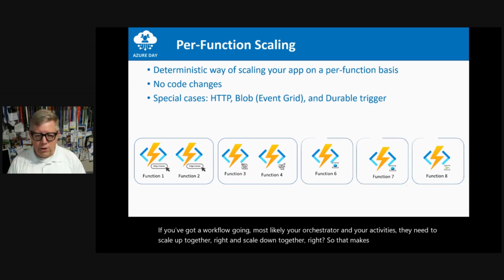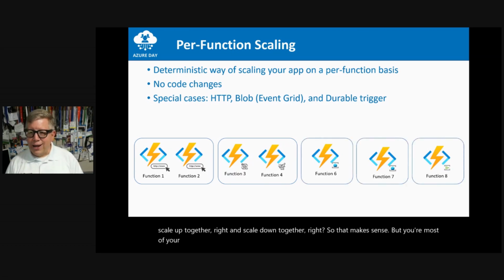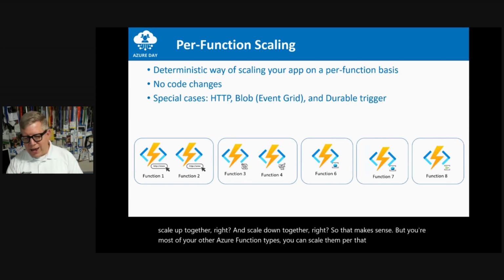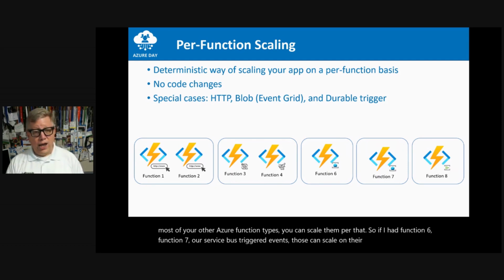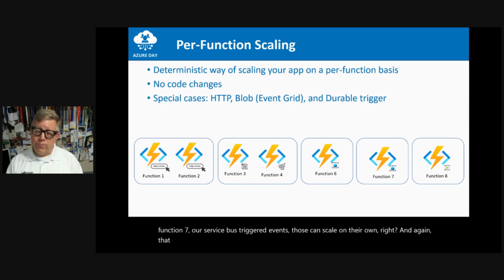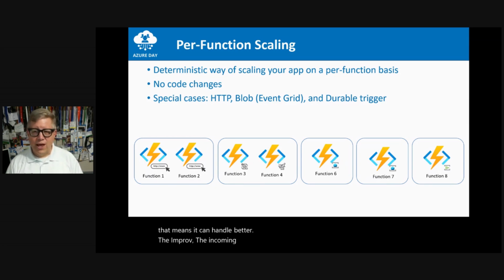But most of your other Azure function types, you can scale them per function. So if function 6 and function 7 are Service Bus triggered events, well, those can scale on their own, right? And again, that means it can better handle the incoming messages coming into that.